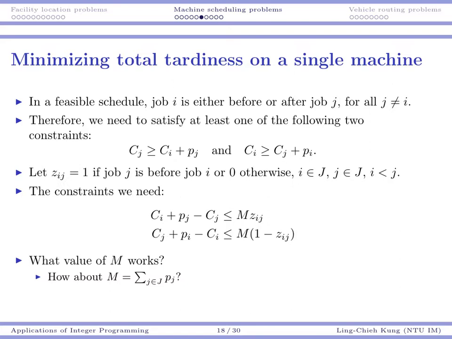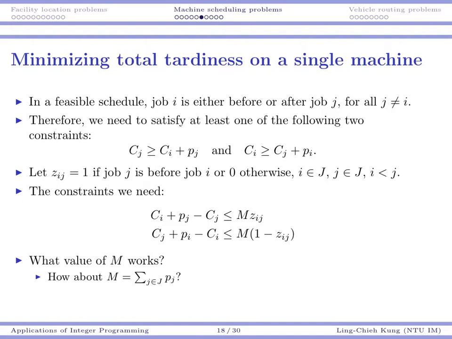Then if Zij is 1, this constraint is redundant, and here you have 0 as your right hand side. So that just means you need Ci to be greater than or equal to Cj plus Pi, exactly what you need. Or if Zij is 0, then it's the reverse.